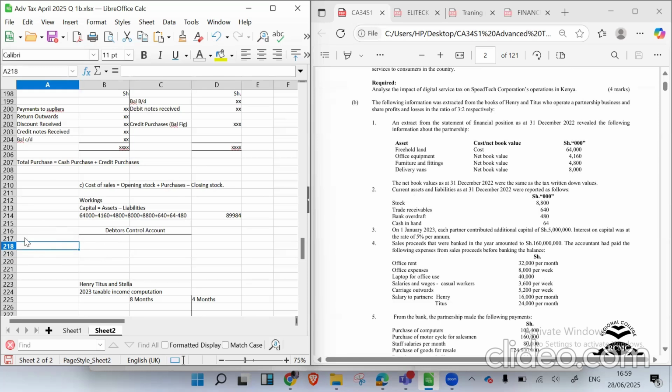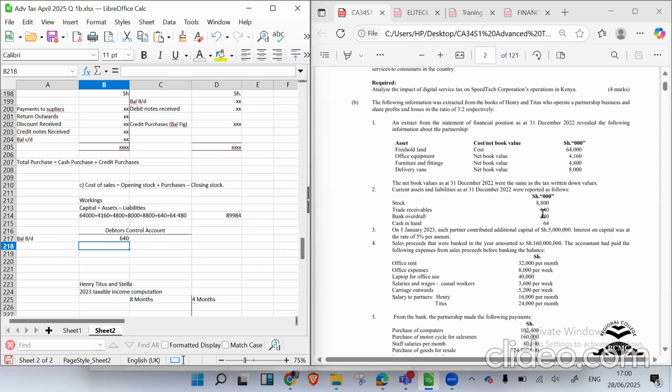So therefore we have balance brought down, I think 640, right?